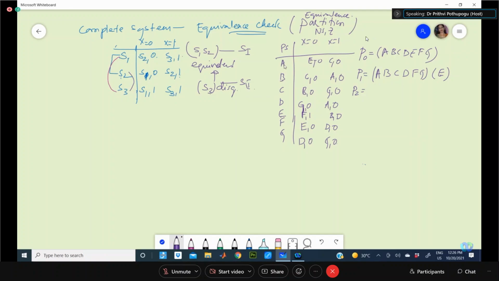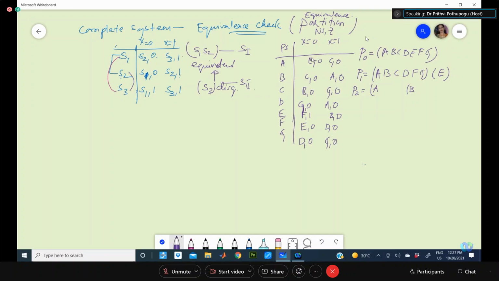If you consider AB, next states are EC and CA. CA is in one equivalent group, but C and E are in two distinguishable groups. So the parental pair AB will be split. The parental pair will be split if the next states fall into distinguishable groups. Next, AC goes to BE.